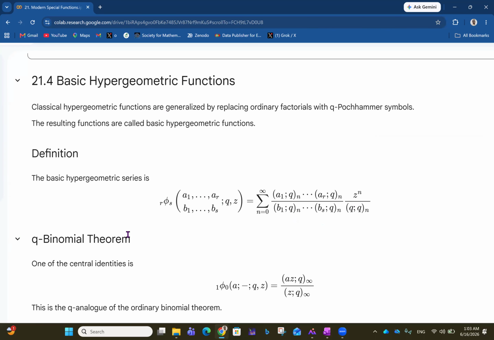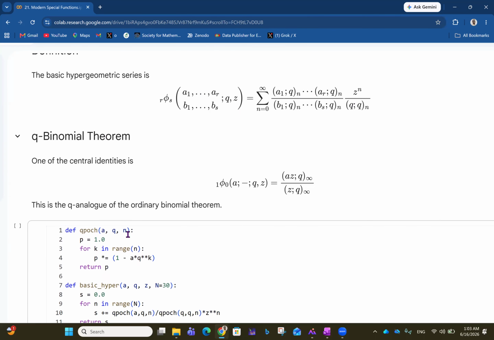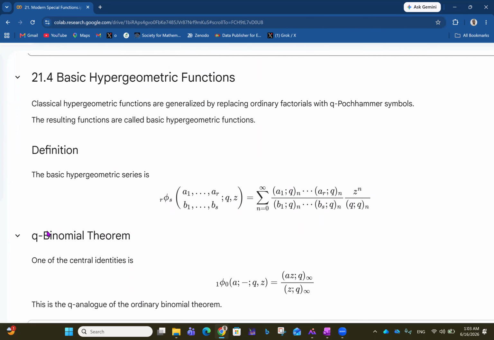And then that takes us to the idea of the Q-binomial theorem. For the Q-binomial theorem, one of the central identities is when r is 1 and s is 0. Then you have 1 phi 0 of a; -; q, z, and you have (az; q)_infinity over (z; q)_infinity.